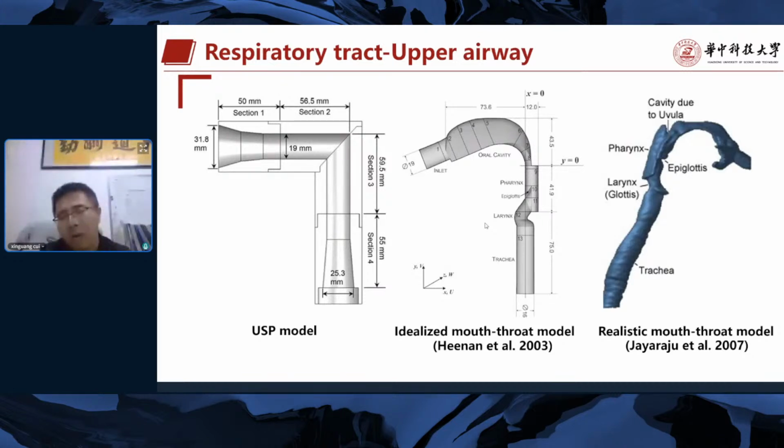But still, it has some problems. If you look at the trachea, you can see there's an angle here, but here the angle is different. Yes, but still, this model is a good simplified model.